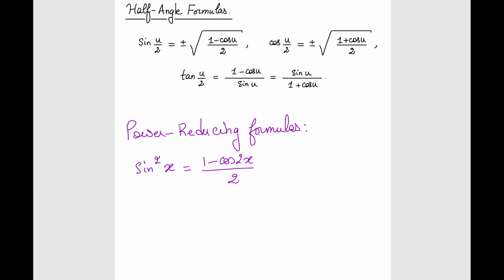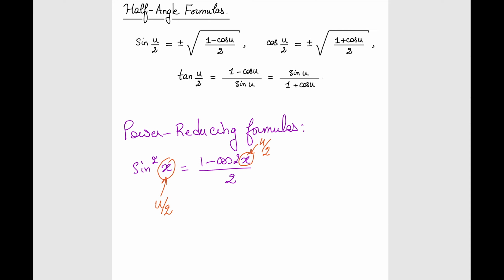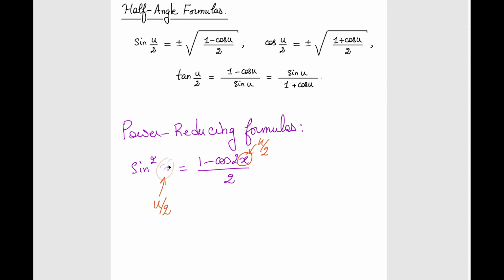And if you replace x by u over 2, as we just said, that's gonna be u over 2 here. As such, this formula becomes, just take this out, replace it by u over 2, and take this out, replace it by u over 2. And if you replace it by u over 2, 2 times u over 2 is simply u, right? So all this can be erased, and you only get here the u. So you get this formula.